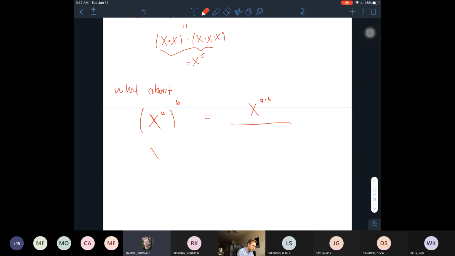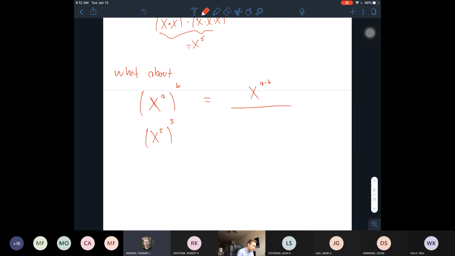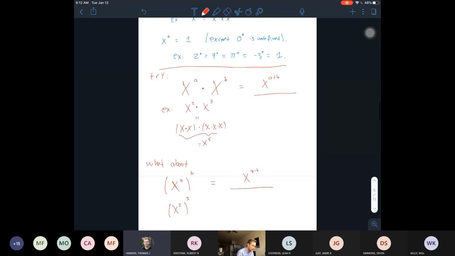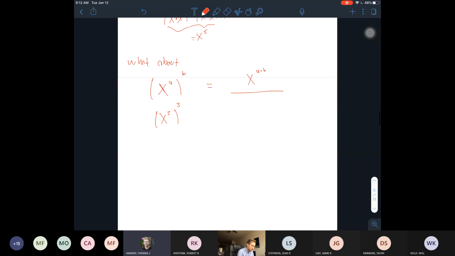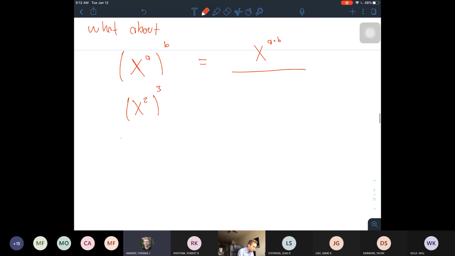Again, we can use the same example, 2 and 3: x squared, cubed. By our definition, if we cube something, we take that thing times itself 3 times. So that is x squared times x squared times x squared.